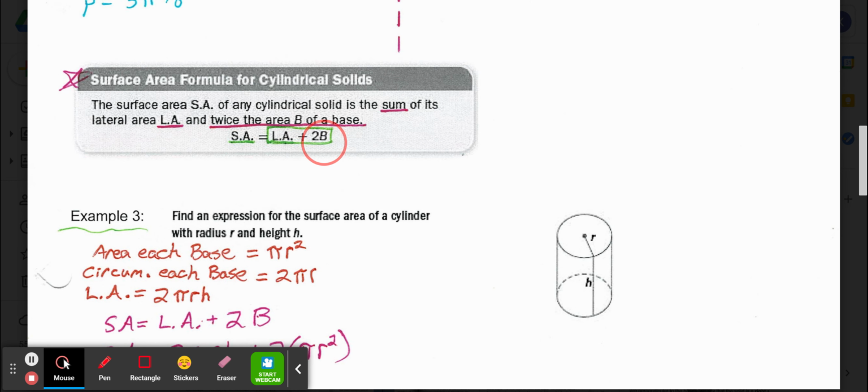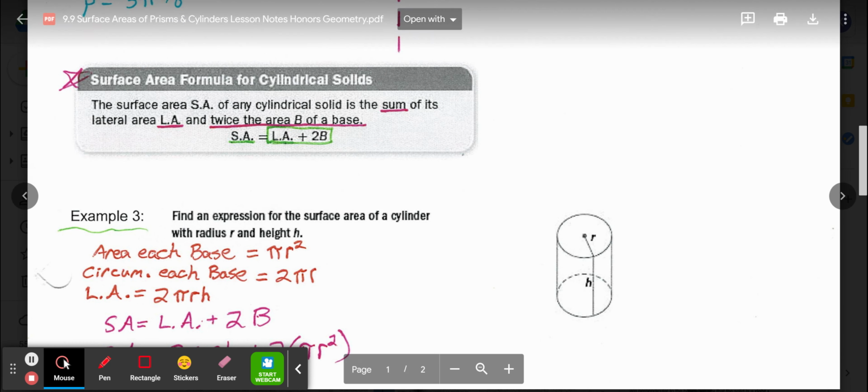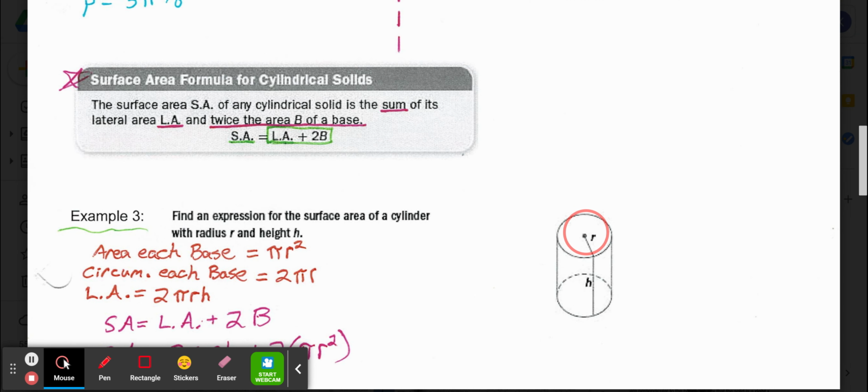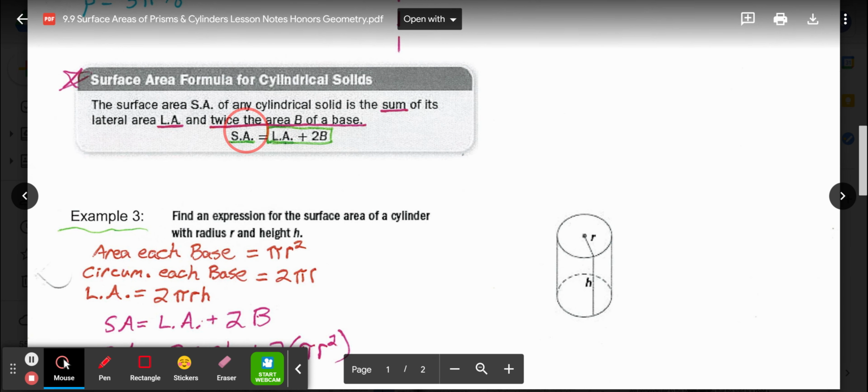If I look at the cylinder down here, our base shape is a circle. So 2 of those plus this lateral area, the rolled up rectangle that makes the cylinder, would give us the whole surface area.